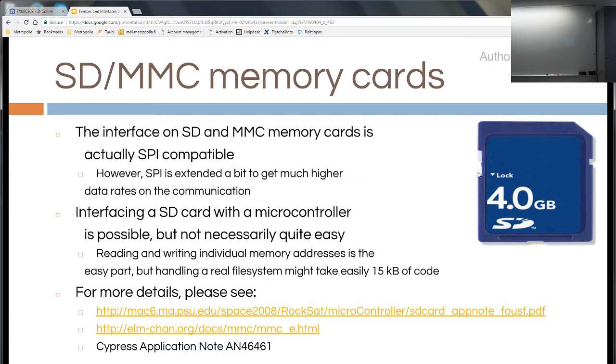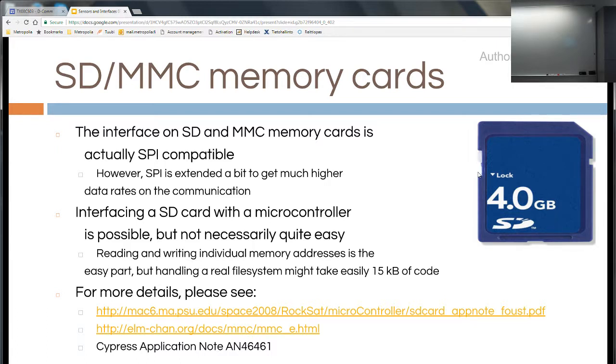If I remember correctly, on the PSOC there is also an interface for SD cards. However, SD cards also need the file system, so you need also the software for the file system.